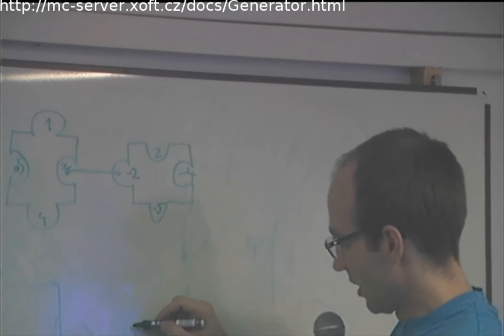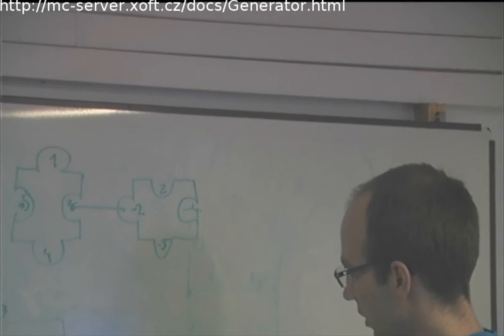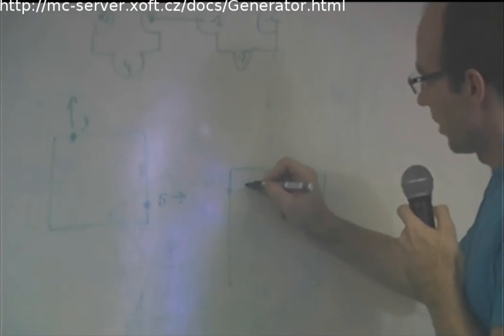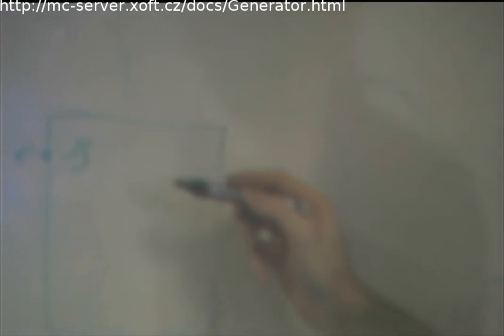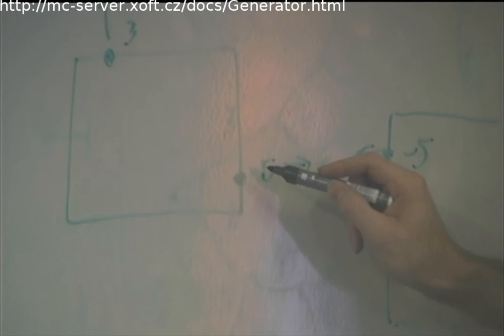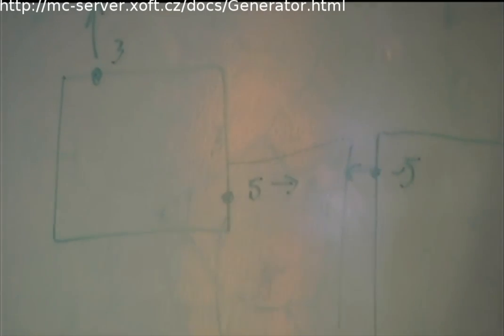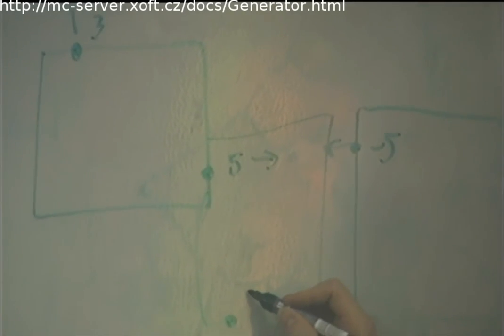So let's say there's another box here that has a connector here that says -5 this way. Now the generator knows that these two connectors can be put together, so the other box is generated here. Now this other box has another connector here, 0.